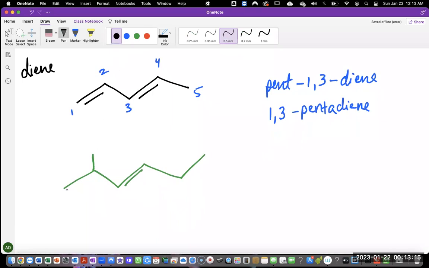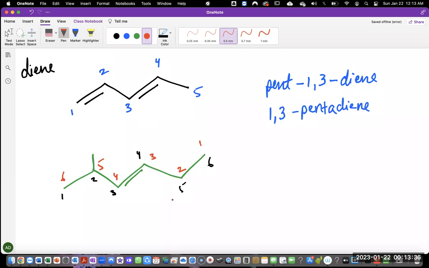If I number from the left, I get 1, 2, 3, 4, 5, and 6. On the other hand, if I start from the right-hand side, the numbering will look like this: 1, 2, 3, 4, 5, and 6.